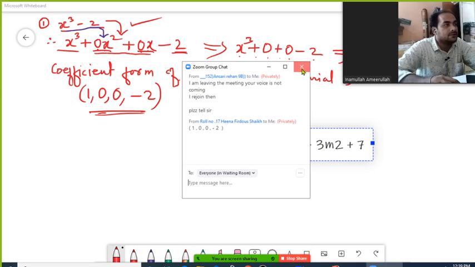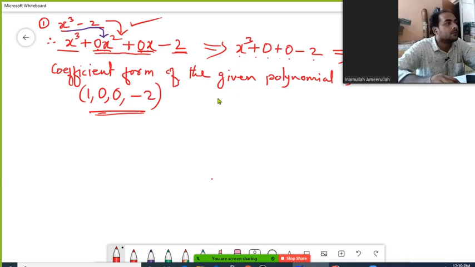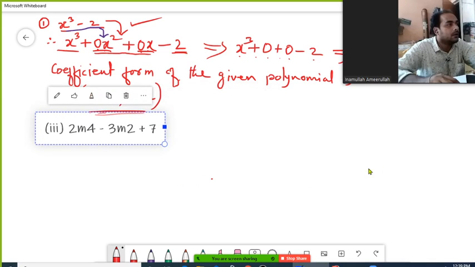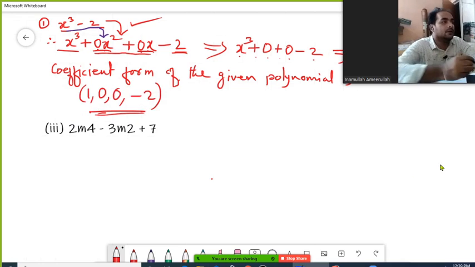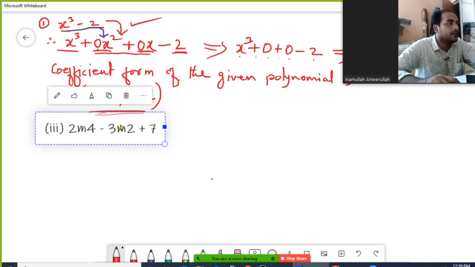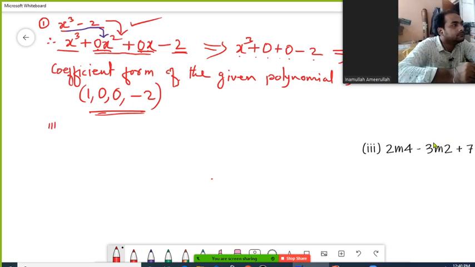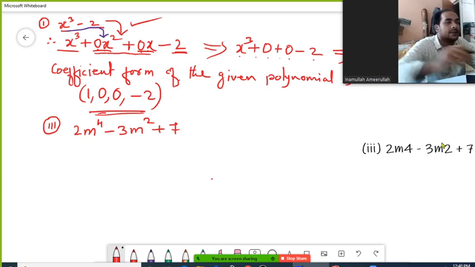Now we're going to find out the coefficient form of this polynomial. Actually, it is not in proper order. I'll write it in proper way. Question number 3. It is 2m raised to 4 minus 3m square plus 7.